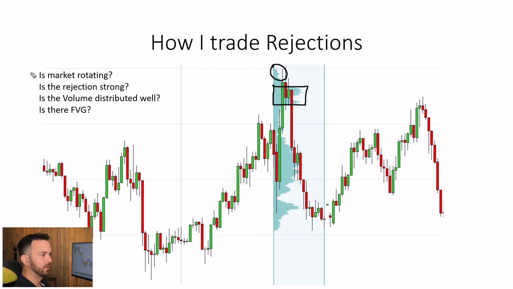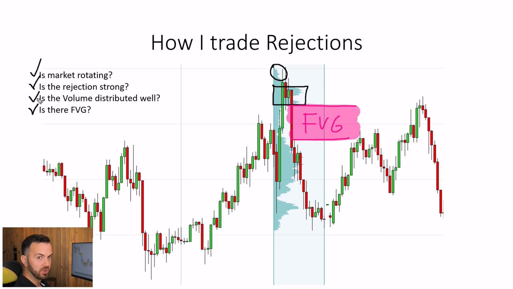All good so far. Market is rotating, rejection is strong, volumes are distributed well. Now, is there a fair value gap? There is, right here. Fair value gap, showing us the aggression of sellers. So all this checks out, right?